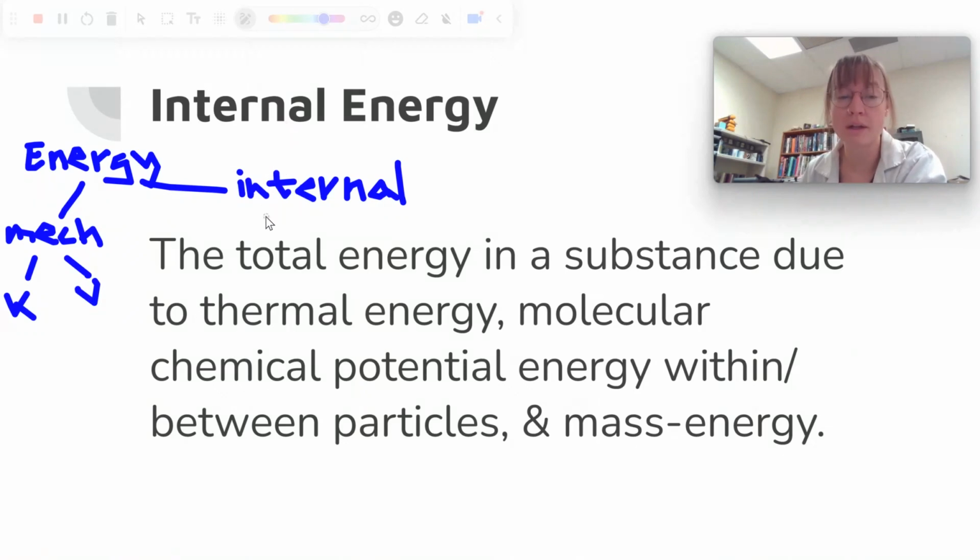happening with the molecules. So that includes thermal energy, which we just discussed. Thermal energy is due to the motion of the molecules inside of the substance. It also includes chemical potential energy.